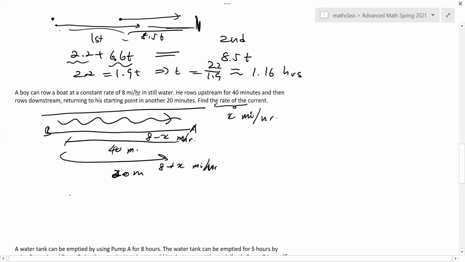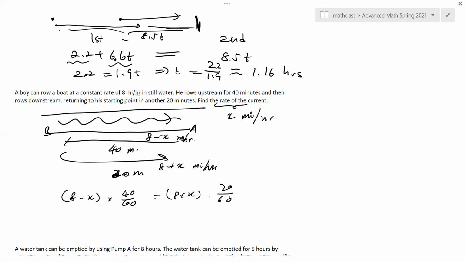8 minus x times 40 minutes, so 40 divided by 60, should be equal to 8 plus x times 20 over 60. Because 20 minutes has been converted to an hour, so 20 over 60. But in this equation, the 60s can be canceled out. So you simplify a little bit.